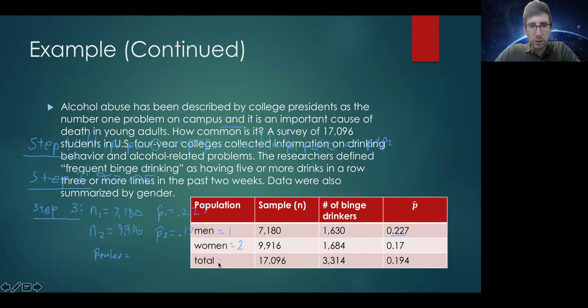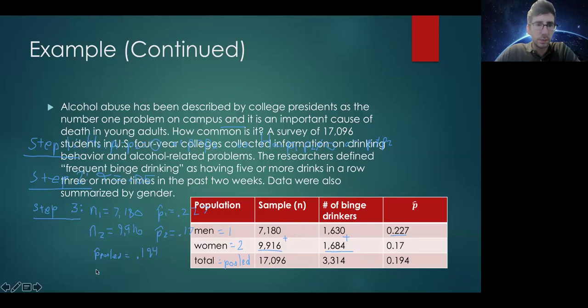So the pooled count is 3,314, these two things added together. So this divided by this gives us 0.194. That is our p hat pooled.